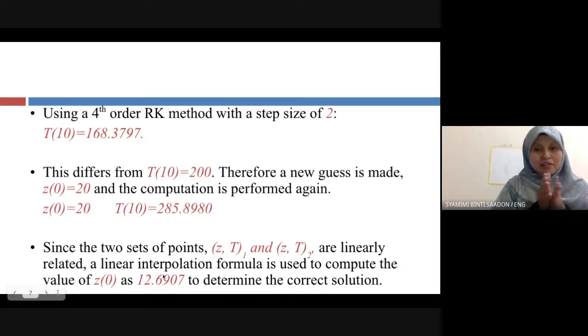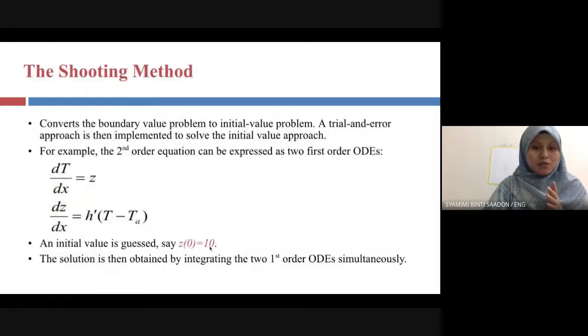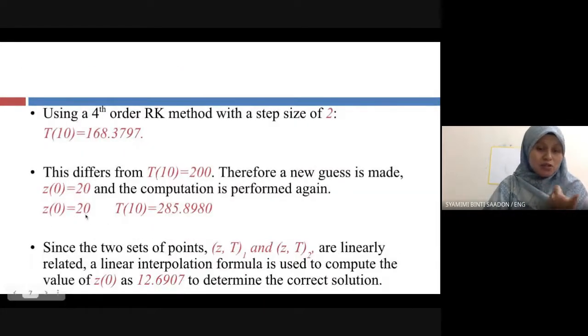So it means that we are searching for the value of Z at the initial point, which is 12.69. It must be in between, because our first assumption was 10 and the second assumption was 20.